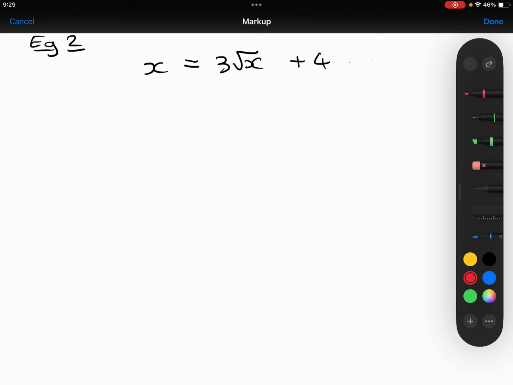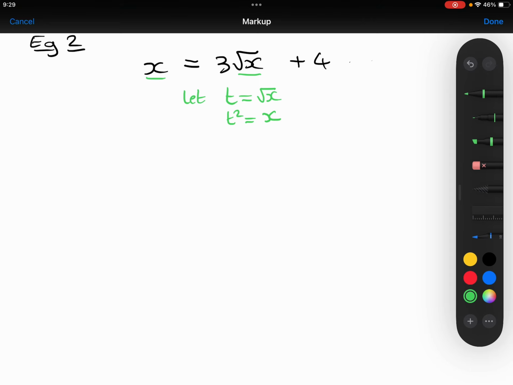So I'm going to say let t, I'm going to use the letter t again, be my root x. That way my t squared would be just x.